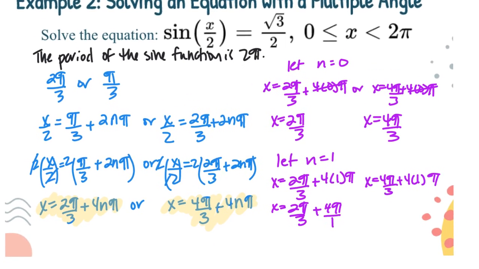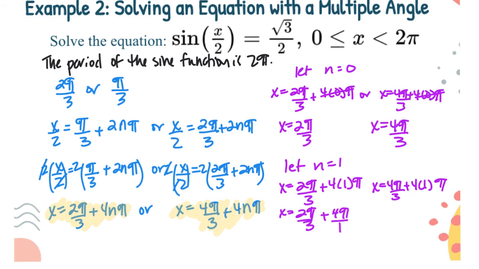And we would have to use a common denominator of 3. So this becomes 2 pi plus 12 pi, which is 14 pi over 3. And that is definitely greater than 2 pi.